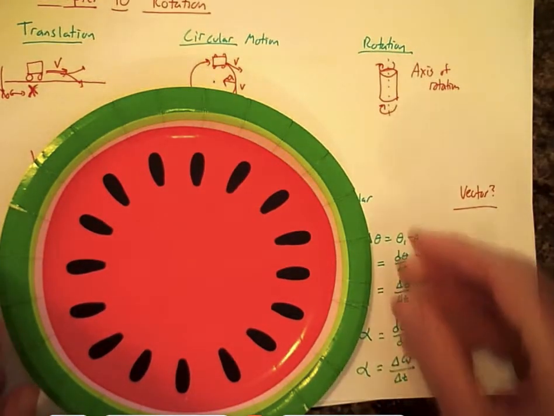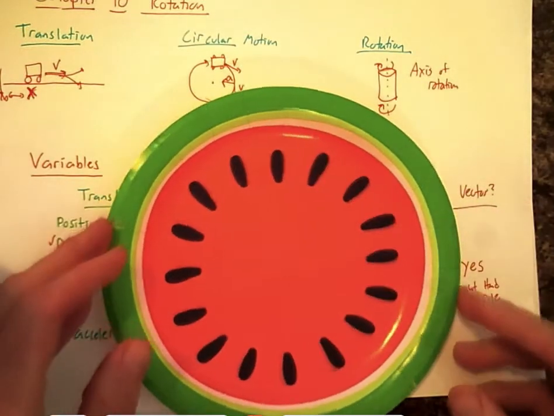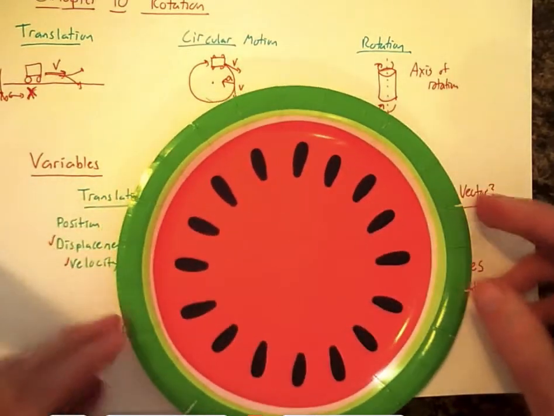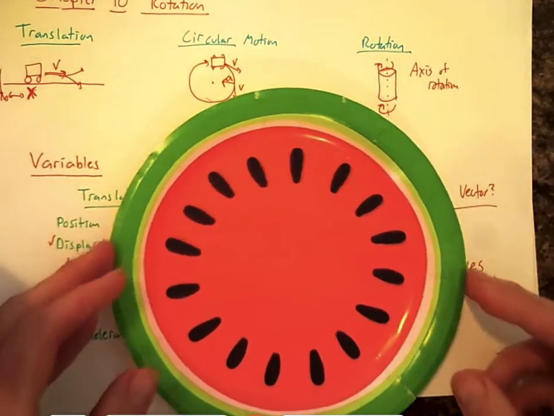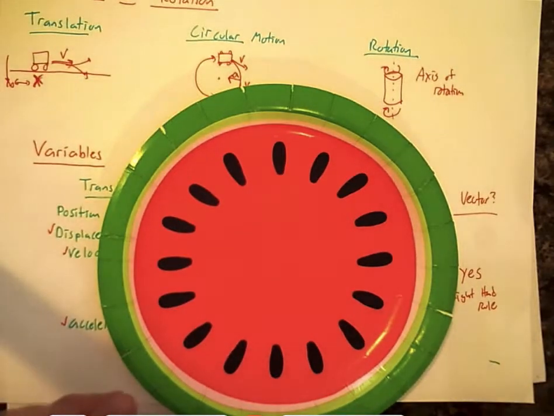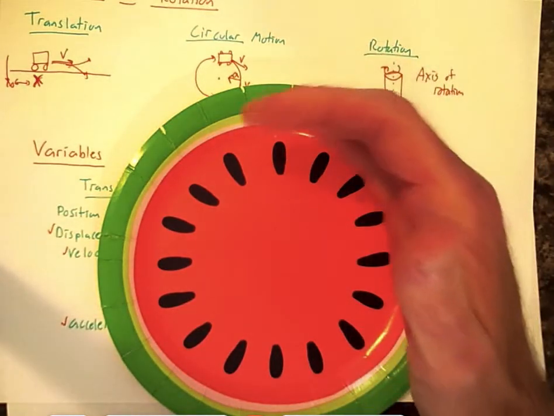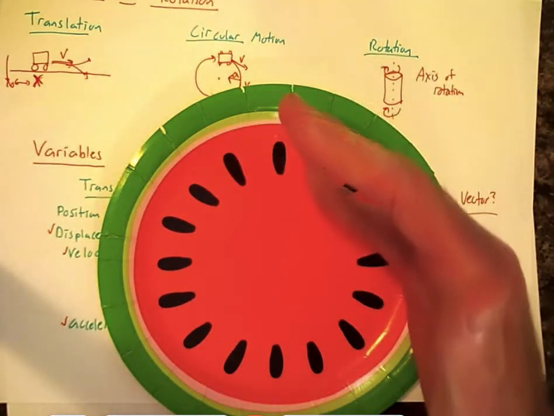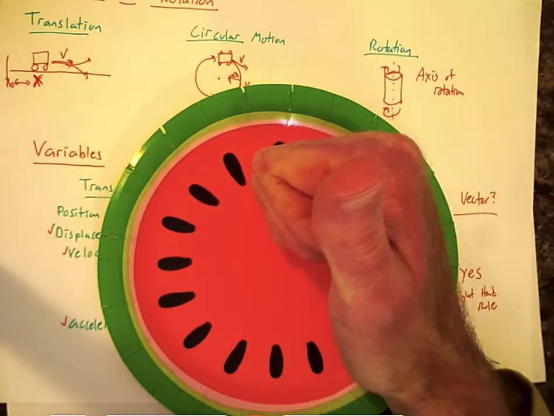So to find the direction, let's say that my plate is rotating. I'm going to do it this way so it'll be easier. It's rotating this way. So from this top view, it's rotating counterclockwise. So how do we find the direction of the angular velocity? We're going to take your right hand, you're going to wrap your fingers around in the direction that the motion is going, and your thumb is going to point in the direction of the angular velocity.